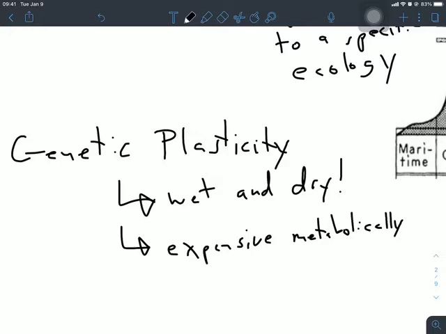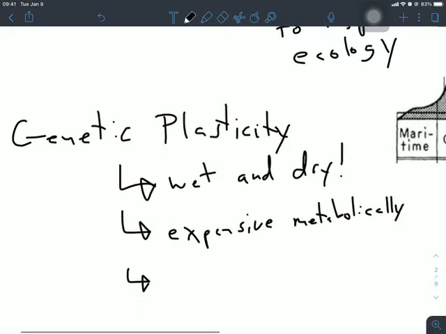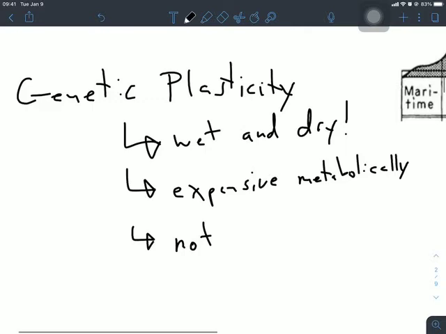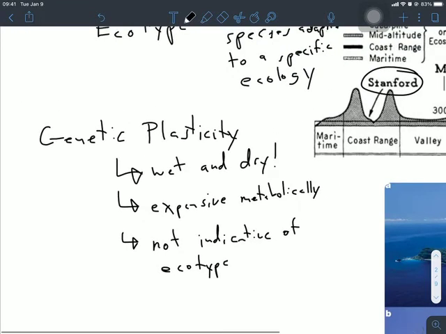Traits that are plastic are oftentimes not correlated with ecotypes. Because that plant isn't particularly adapted to one ecology, it can flex between the two.